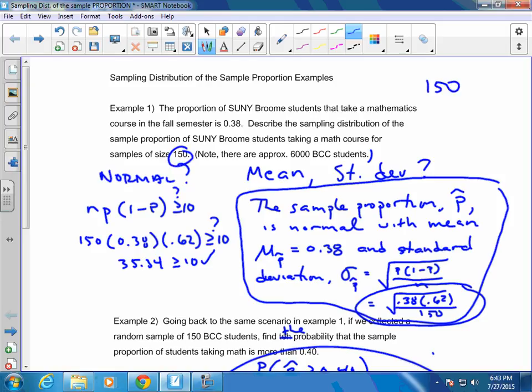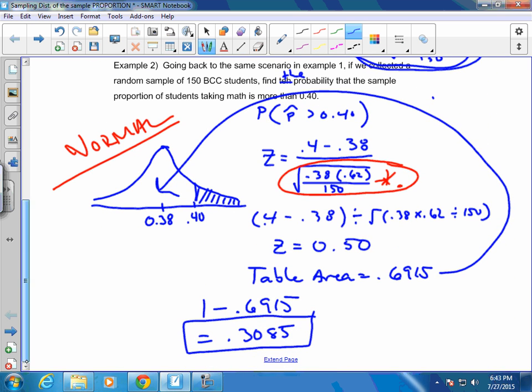If I take 150 and divide it by the 6,000, that's going to be less than 5% also. In fact, I think that comes out to 2.5%. So that's one of the general guidelines, just to make sure that you can basically assume that along the way of sampling, your probability of obtaining the characteristic stays the same.